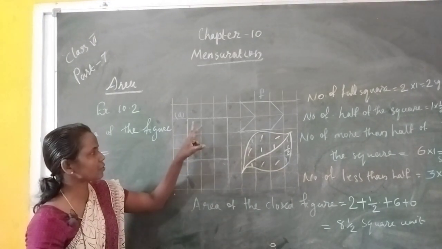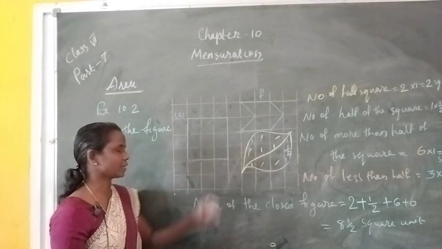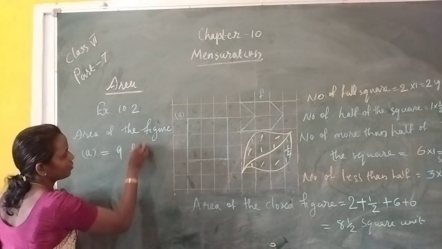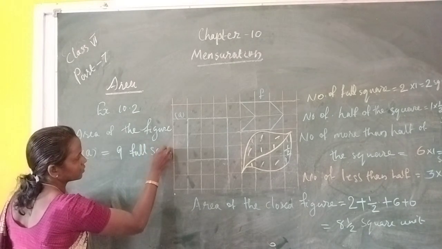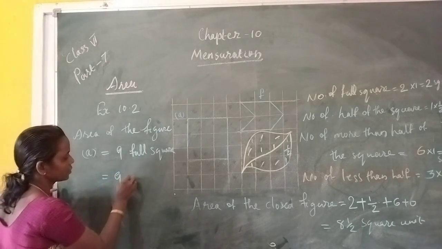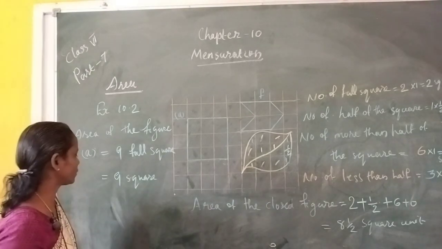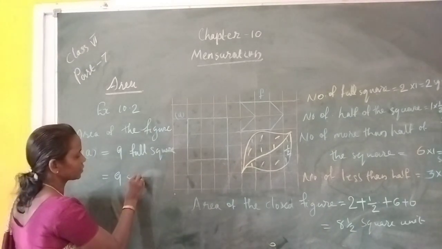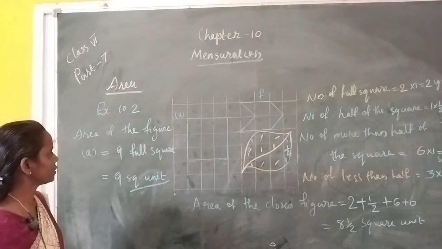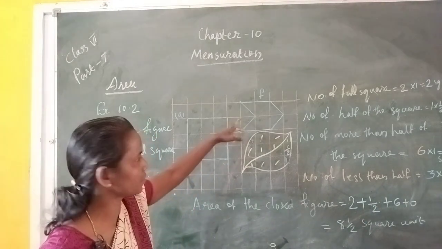Here all are full square. So 1, 2, 3, 4, 5, 6, 7, 8, 9. So 9 full square. So is equal to 9 square unit.